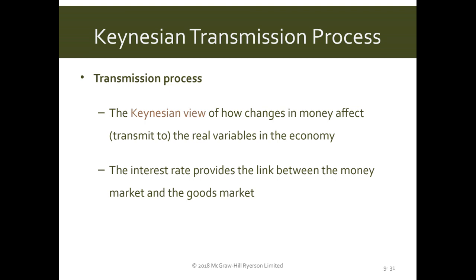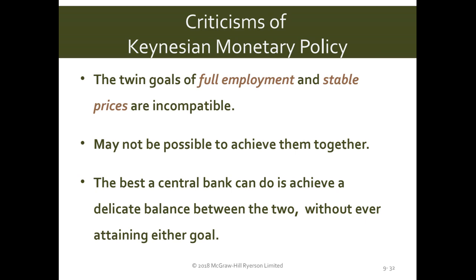Now, criticisms of Keynesian monetary policy. The twin goals of full employment and stable prices are incompatible. That is the problem. And I showed you earlier that if you try to solve the problem of unemployment, you are going to have inflation.